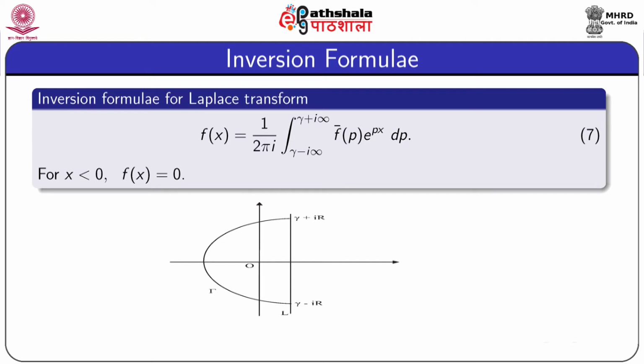To evaluate this integral, we first consider a line in the complex p plane such that real p is equal to gamma. The line is represented by L in the diagram, and this line is called the Bromwich contour.